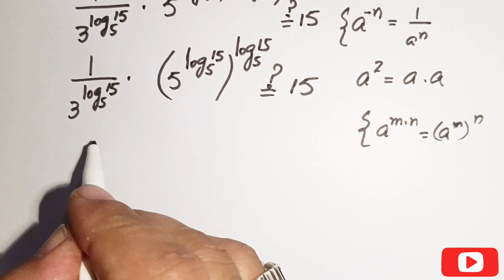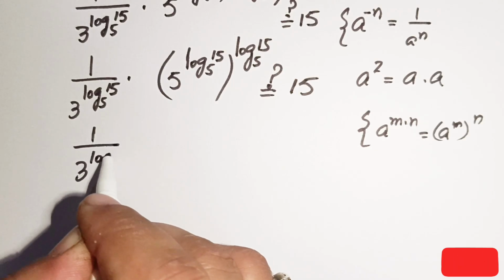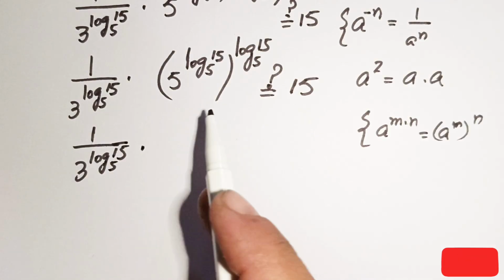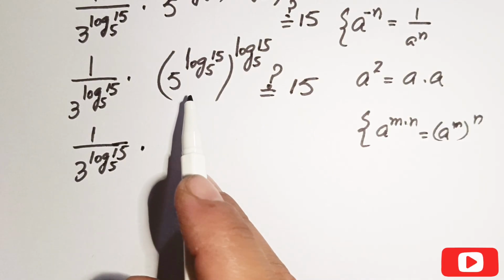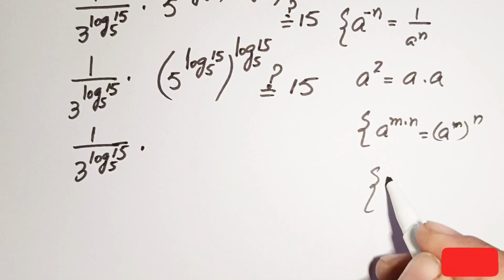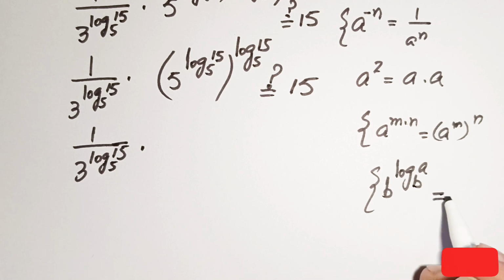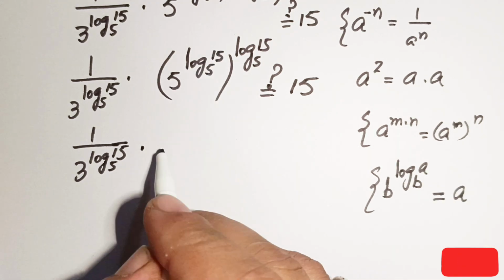So now 1 over 3 to the power log 15 to base 5 times, here we know that by the logarithm law, if we have b to the power log a to base b, then it will be equal to a. So here the value of a is 15.